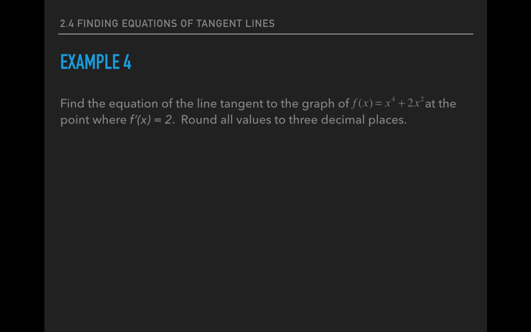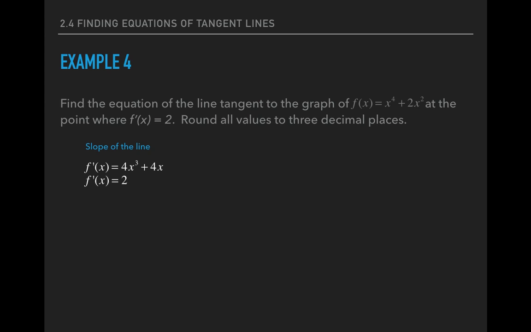We're going to round all our values to 3 decimal places. Okay, so how is this different? Well, we already know what slope we're working with. We're not given the x value that we are concerned with. We're trying to actually find that. We want to find the x value where the slope of the tangent line is 2.